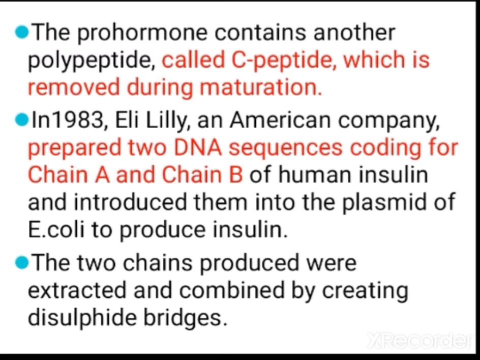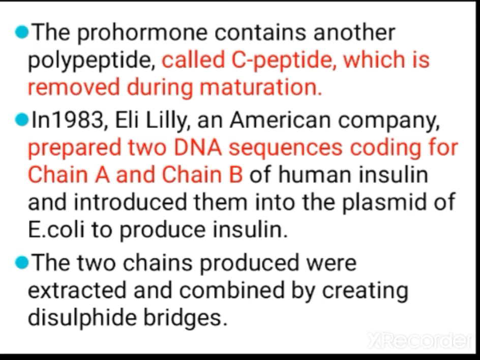The two chains produced were extracted and combined by creating disulfide bridges. It was active insulin and it was used in insulin deficient patients suffering from diabetes, and it was successful, and we follow the method nowadays also.